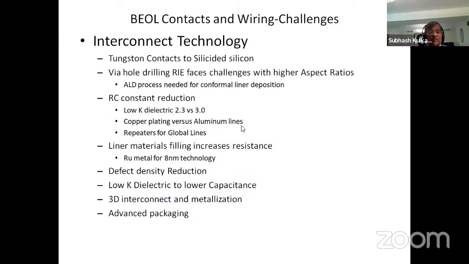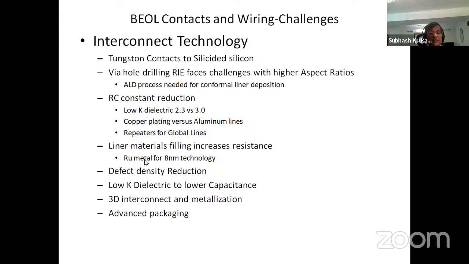Copper plating versus aluminum lines we talked about. Repeaters for global lines. I'll show you some charts where repeaters are needed to reduce capacitance on global lines. Liner materials, new materials are needed because liner resistance is becoming a significant portion of the line width as you shrink the lines.